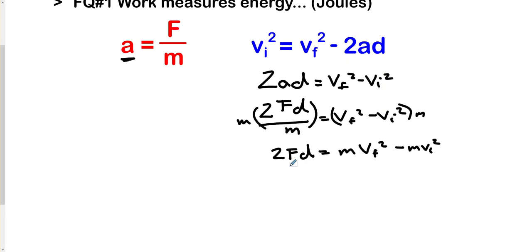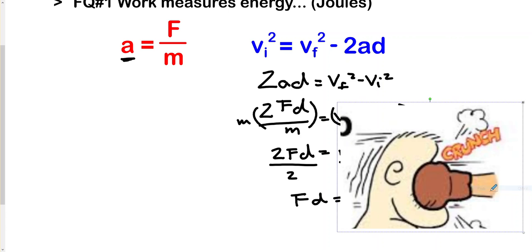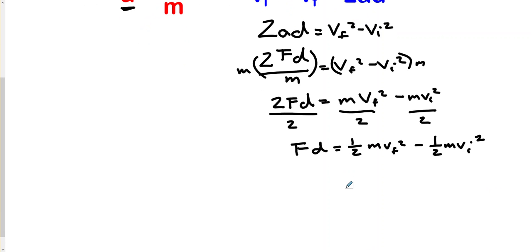And then if I divide both sides by 2, I'd end up with force times displacement equals 1/2 mass V final squared minus 1/2 mass V initial squared. And that should look familiar. Some things in here should look familiar.